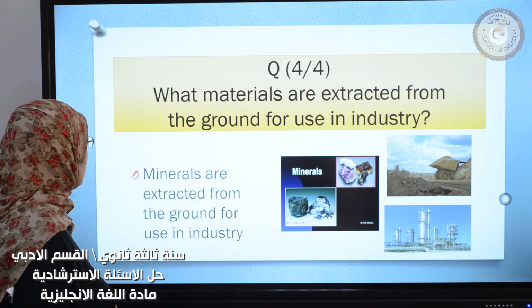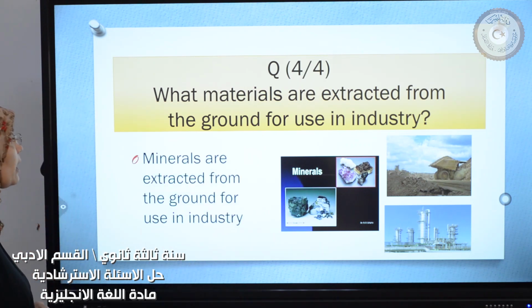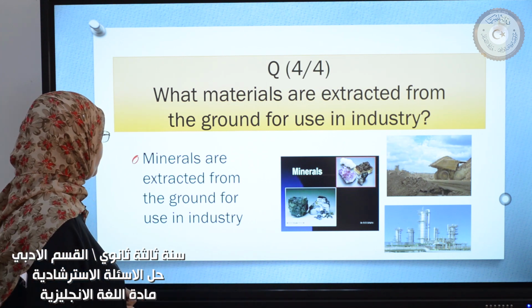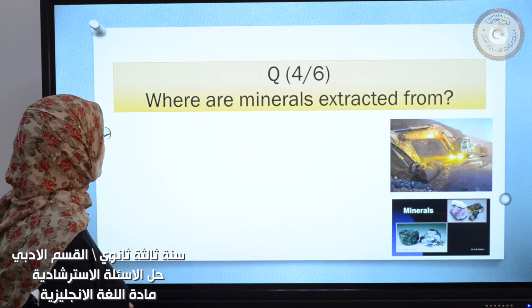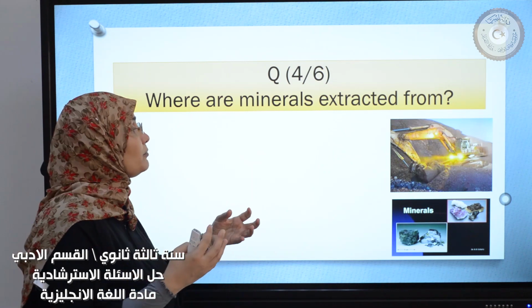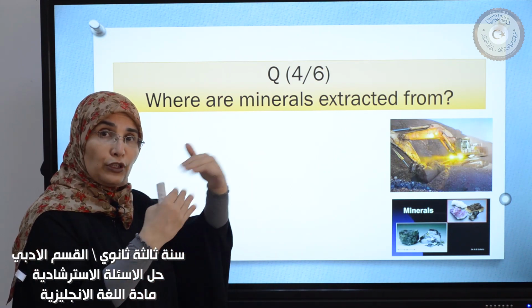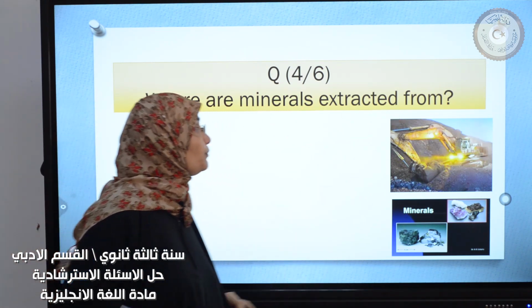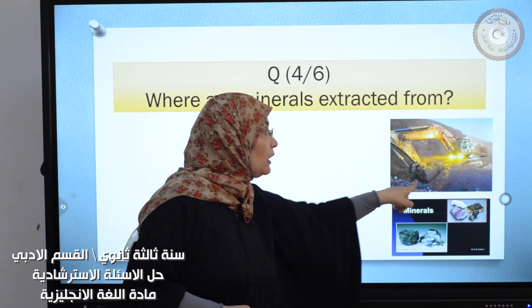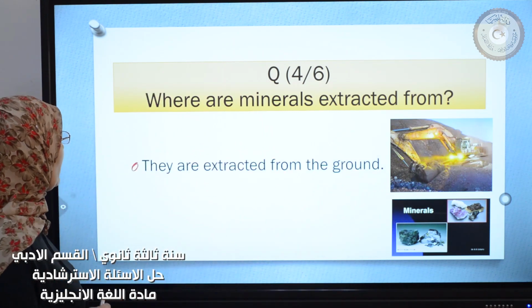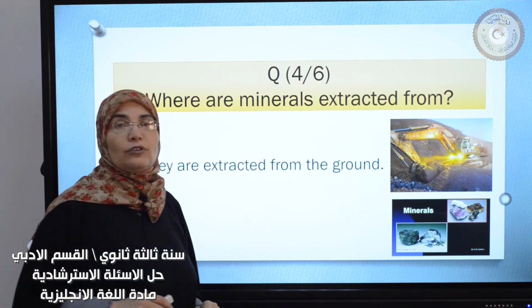Minerals are extracted from the ground for use in the industry. It's the same information, but different kinds of questions. Where are minerals extracted from? What did we say in the previous slide? They are extracted from the ground.